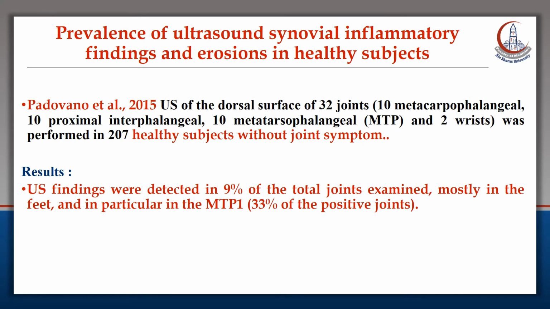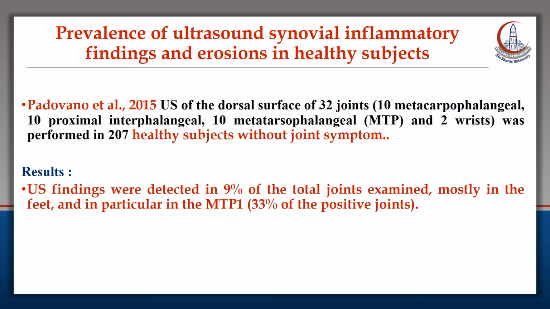Moreover, Padovano et al. in 2015 studied the prevalence of ultrasound synovial inflammatory findings and erosion in healthy subjects. They performed ultrasound of the dorsal surface of 32 joints: 10 metacarpophalangeal, 10 proximal interphalangeal, 10 metatarsophalangeal, and 2 wrist joints.